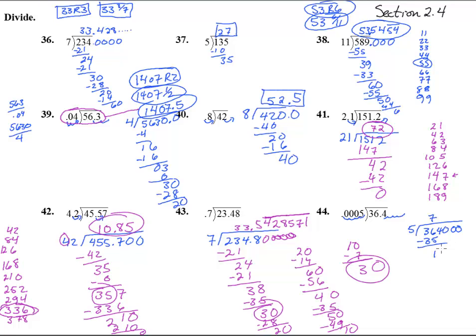Subtract, and we get 1, 4. 5 goes into 14 twice. 2 times 5 is 10. Subtract, and we get 4, 0. 5 goes into 40, we get 8. And that's 40, which is 0. 5 goes into 0, 0 times, and 0 times. 72,800. Whew, that's a big one. There we go.